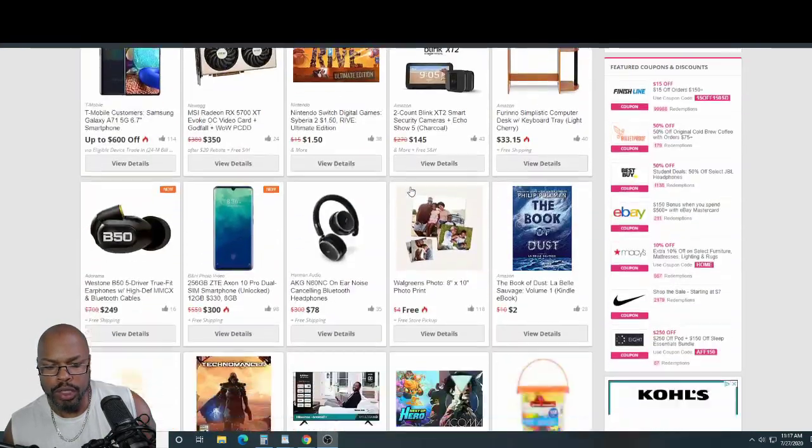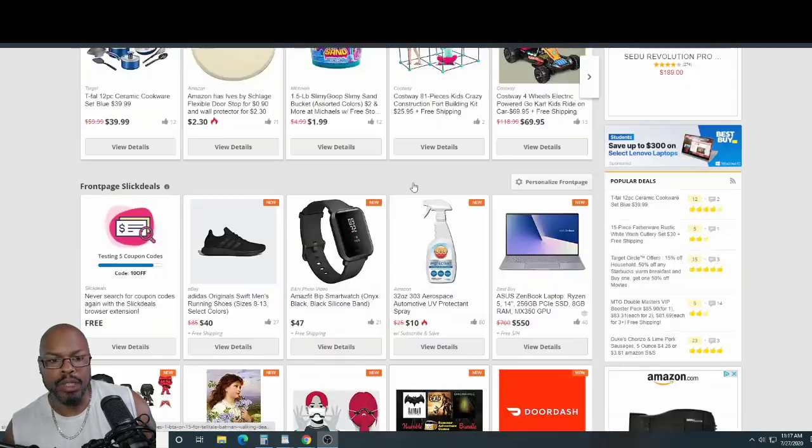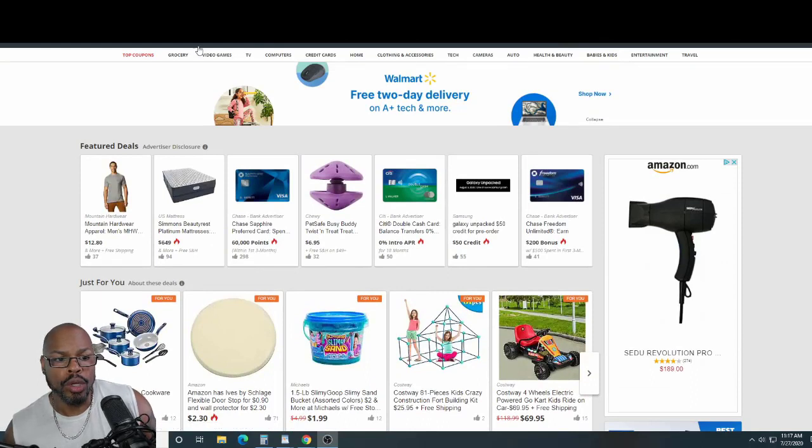Let's see here. So you can just kind of look around, but for the purpose of saving time, let me just tell you what you want to do. You can look under grocery, video games, TV, computers, whatever it may be.